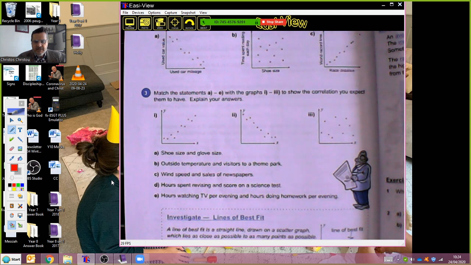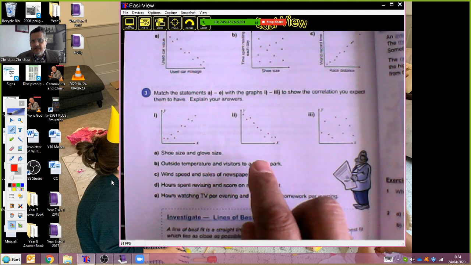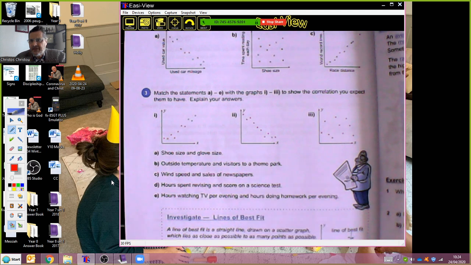So you're saying there's no correlation between your shoe size and your glove size? I'm saying there is. I'm going for that one. Yeah, if you've got smaller hands, you're going to have a smaller shoe size, aren't you?